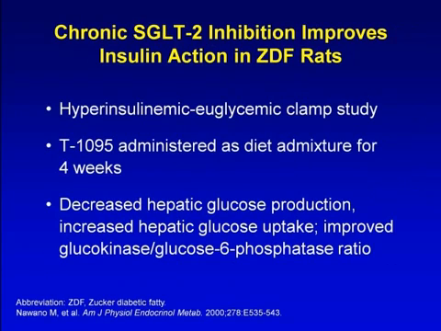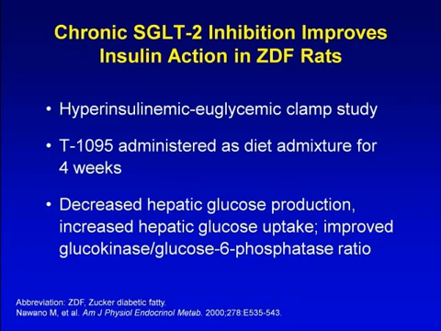In this slide, we're going to look at ZTF rats, which are actually a model of type 2 diabetes, and chronic SGLT2 inhibition in those rats. A hyperinsulinemic euglycemic clamp was done in these rats after administration of an SGLT2 inhibitor called T1095, which was administered with the diet for 4 weeks.